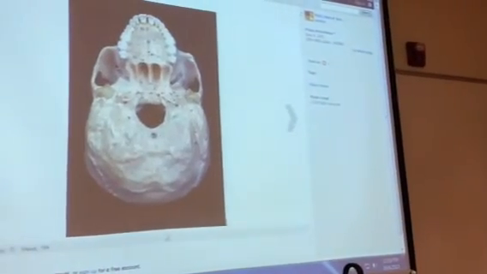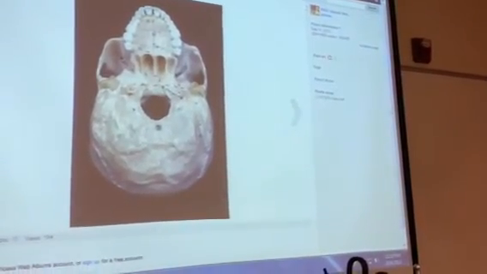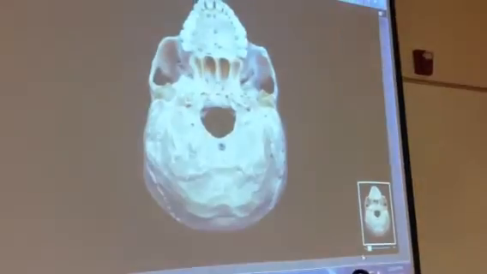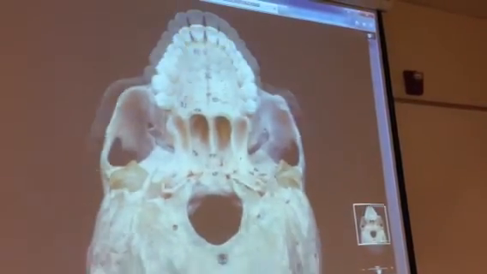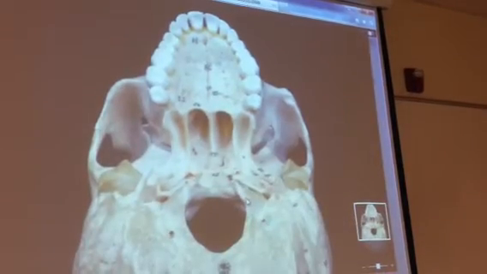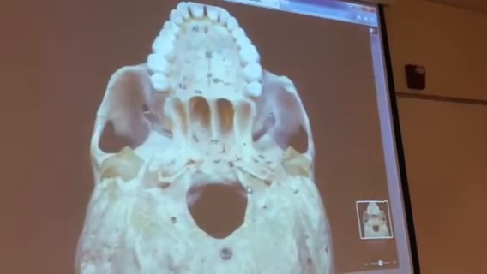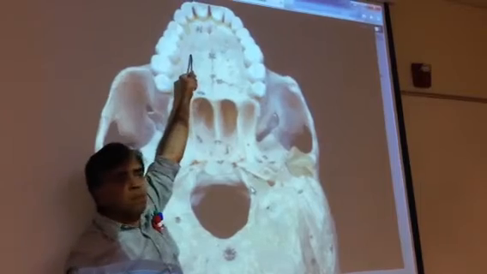And let me find the inferior view of the skull. Okay. Name this part.